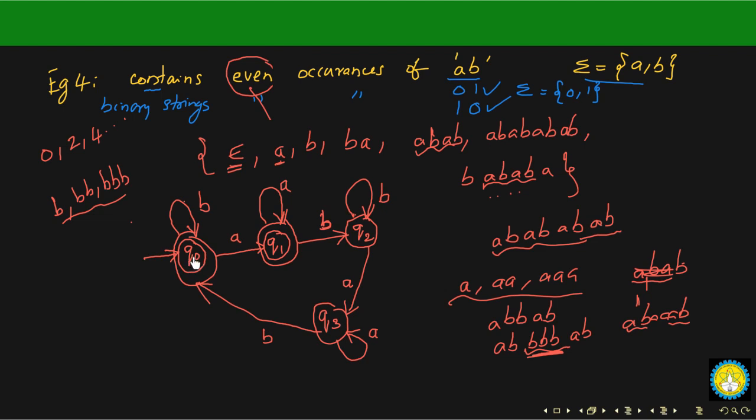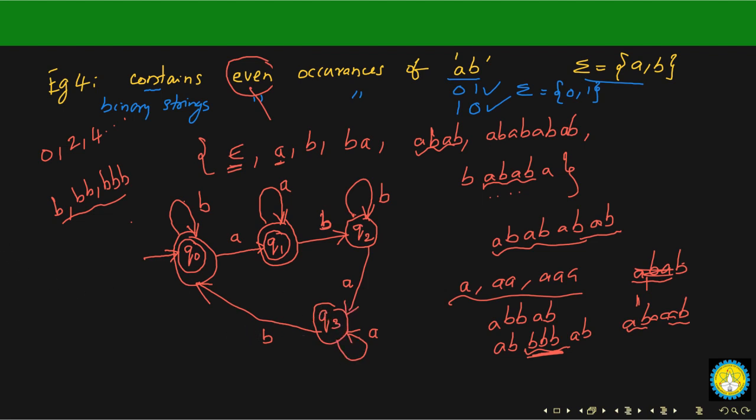So in this case, looking at the DFA, we can identify that all the states have all the transitions. Q0 has the transition on A and B defined. Transition on A and B is defined for Q1, for Q2, and for Q3 also.